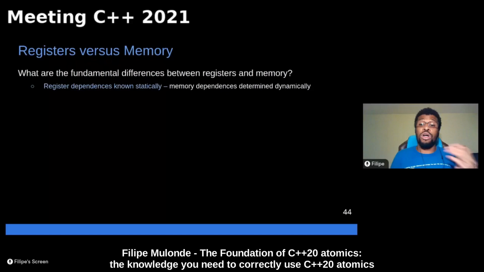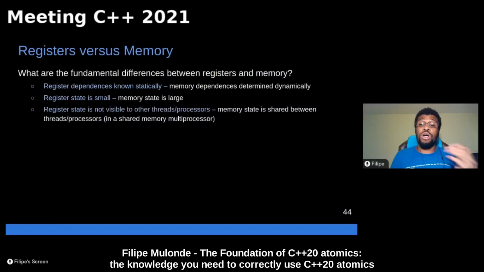The first difference is that register dependencies are known statically, and memory dependencies are determined dynamically. Register state is small, and memory state is large. Register state is not visible to other threads or processors, but memory state is shared between threads or processors in a shared memory multiprocessor.